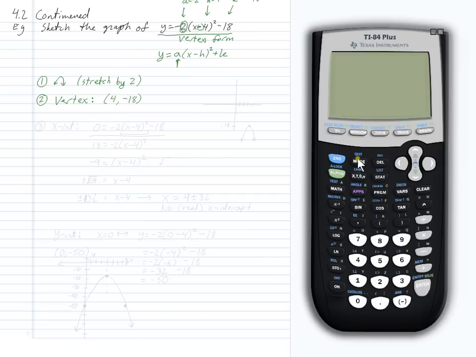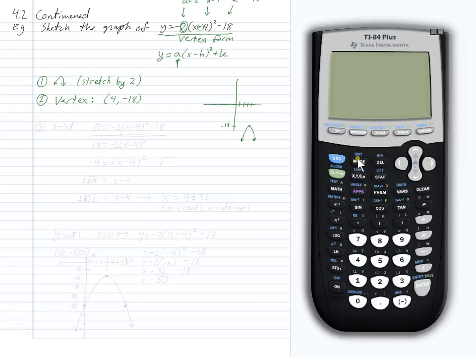Alright. Now the tricky part with vertex form is in finding your intercepts. So before we get into it, let's see what's going on with our graph. Now this sort of getting started back in the napkin calculation doesn't really need to be that accurate. Our vertex at (4, -18), and this parabola is going to open downward.